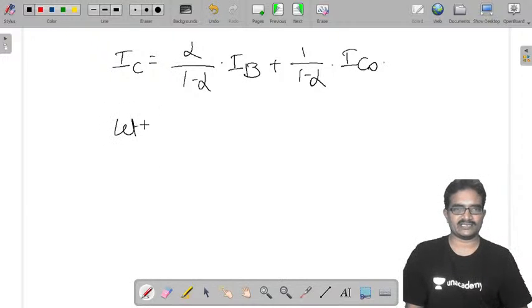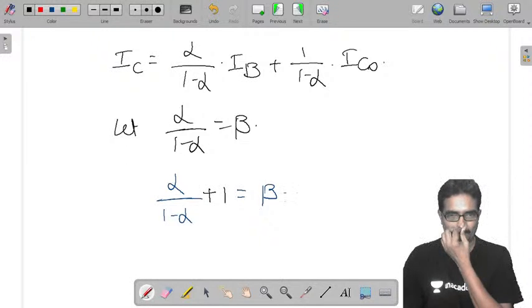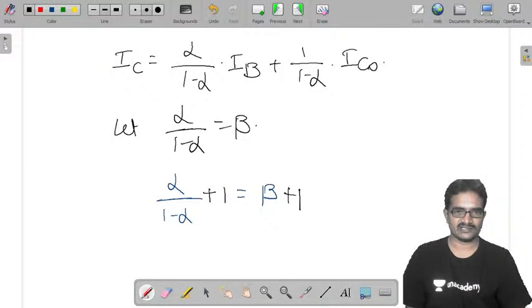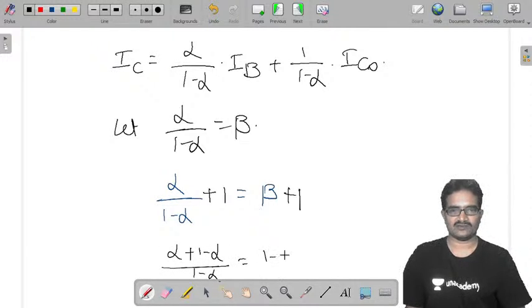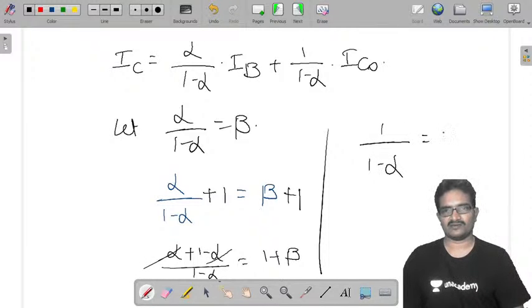Now I am taking, let alpha by 1 minus alpha equals beta. For my easy purpose I am adding 1 on both sides. Now by adding 1 to this, it is alpha plus 1 minus alpha by 1 minus alpha equals 1 plus beta. So these two get cancelled. Therefore 1 by 1 minus alpha became 1 plus beta.